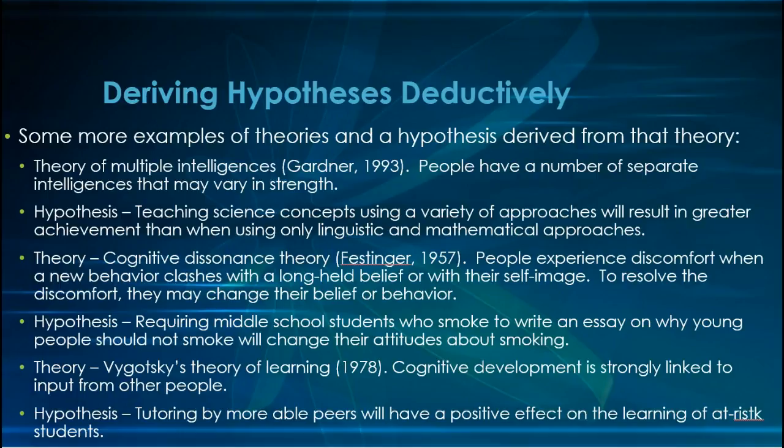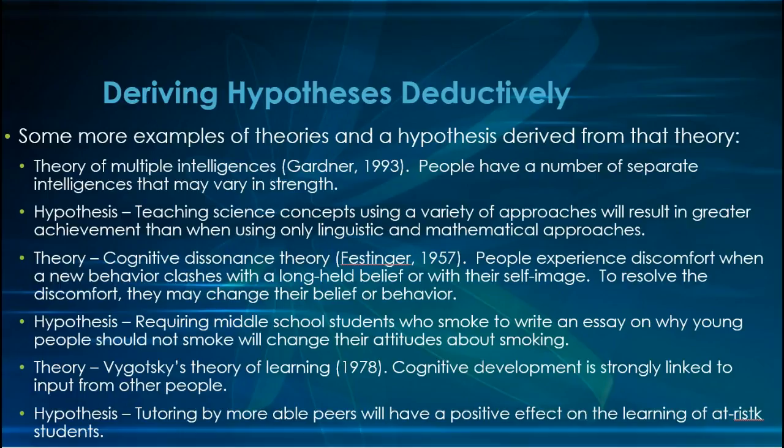So based on that theory, we could create a hypothesis that says requiring middle school students who smoke to write an essay on why young people should not smoke will change their attitudes about smoking. So when we ask them to write that essay, they know that they should not be smoking. So hopefully that would change their behavior.